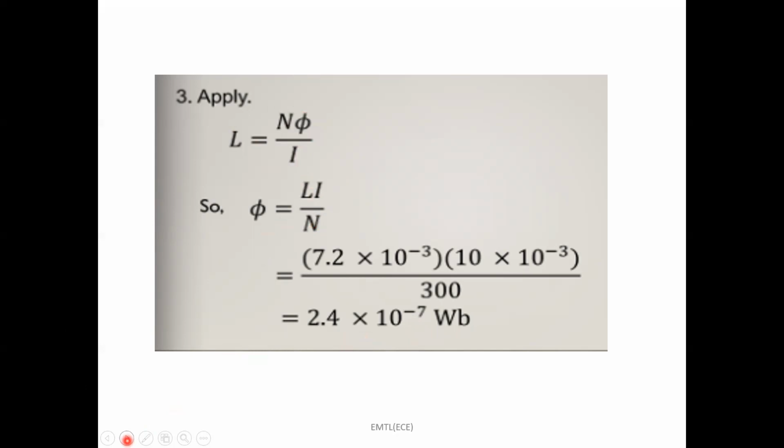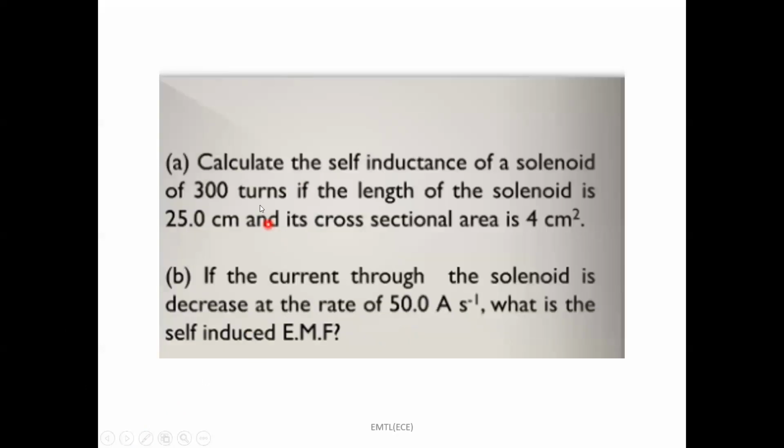Now the next problem. Calculate the self-inductance of a solenoid of 300 turns if the length of the solenoid is 25.0 centimeters and its cross-sectional area is 4 centimeters square.